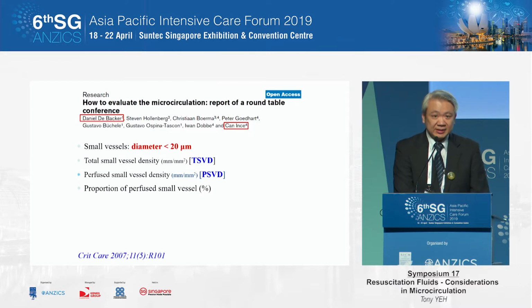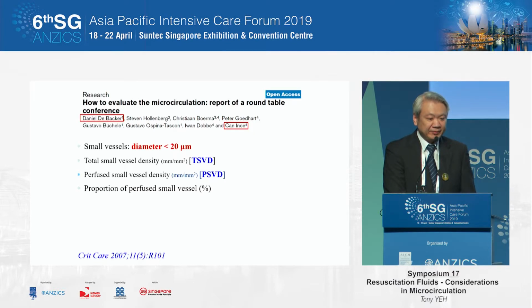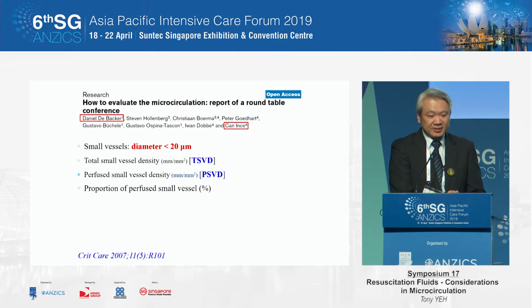So maybe if you are facing a different situation, you have to choose a different definition. So we have to be careful. Normally in this consensus, it is vessel diameter less than 20 micrometers.